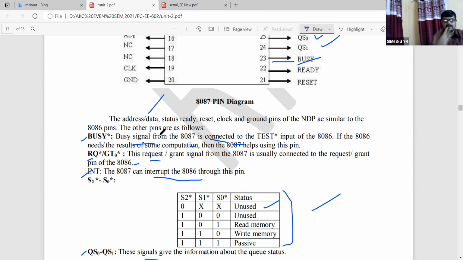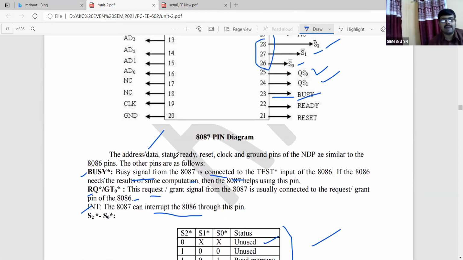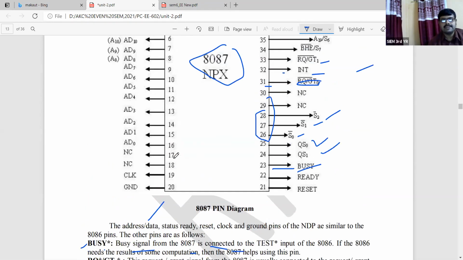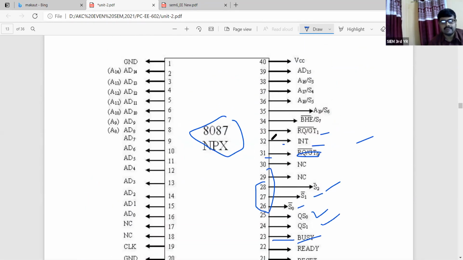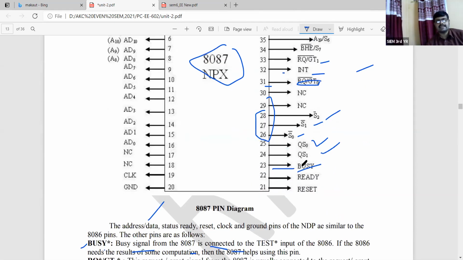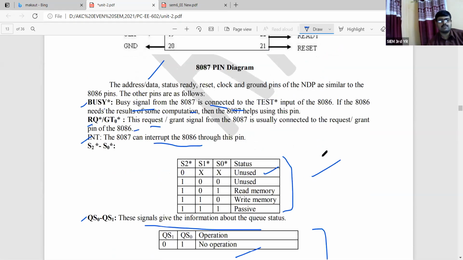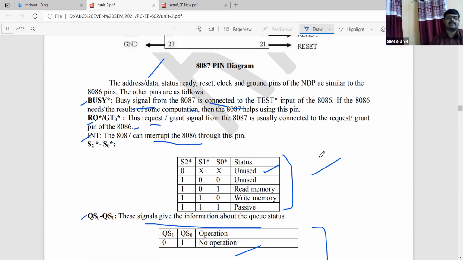The other important pins we are getting: the busy bar pin. If you see the configuration we have just seen, this one is the busy pin, pin number 23. The busy signal from the 8087 is connected to the test bar input of the 8086.